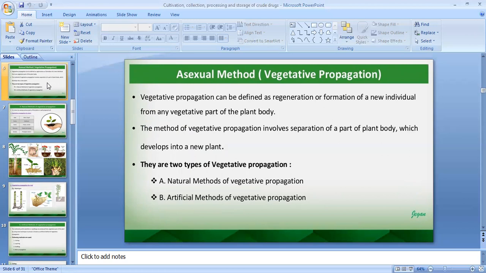The method of vegetative propagation involves separation of a part of the plant body which develops into a new plant. There are two types of vegetative propagation: the first is the natural method and the second is the artificial method of vegetative propagation.